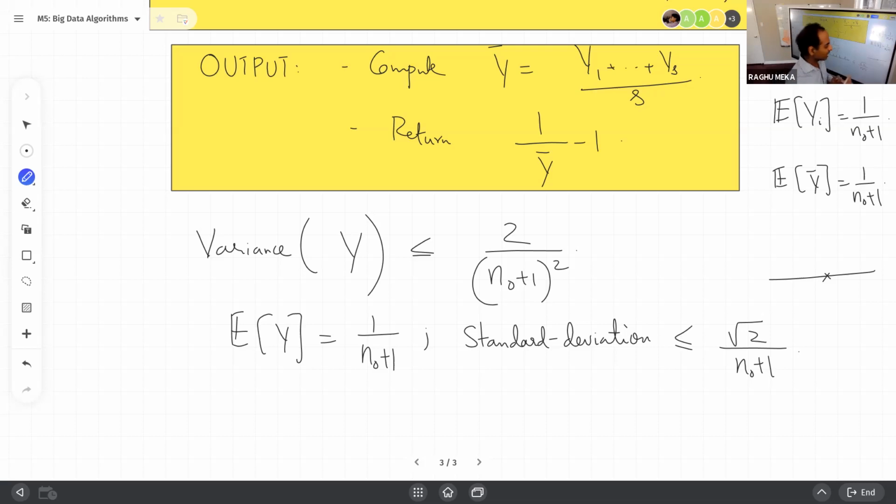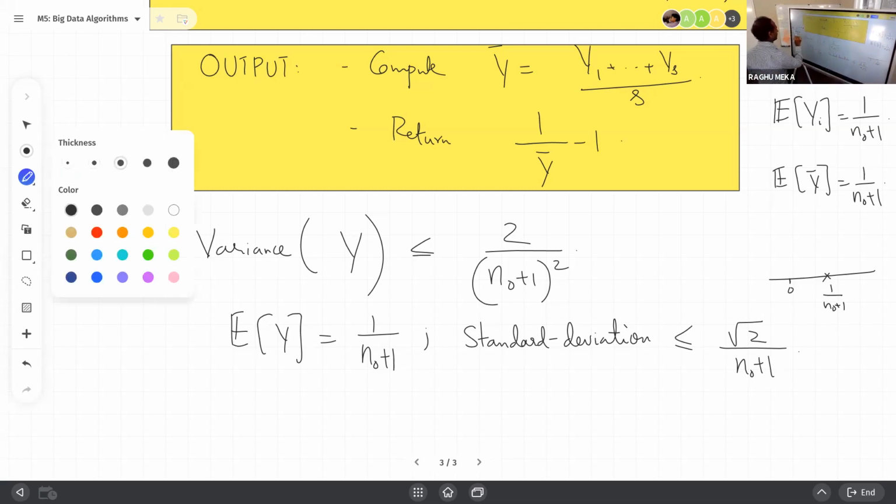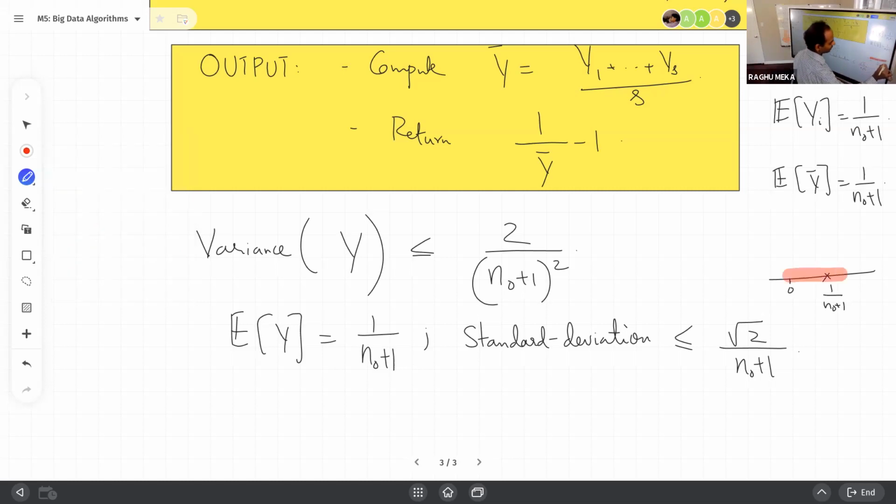My expectation is something like 1 over n0 plus 1, and this is 0. But my standard deviation is pretty big, it covers this region. It's bigger than my expectation, so it even includes 0, which seems pretty bad. So this by itself is not a reliable estimator, but that's why we were averaging.